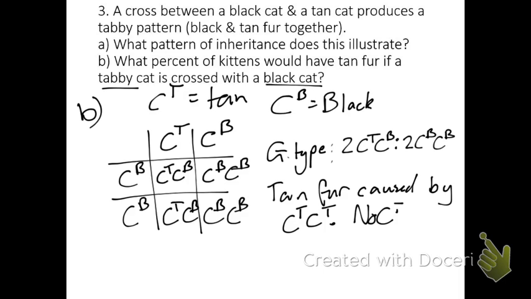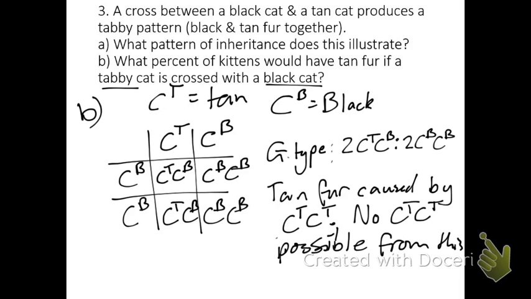Oops, no. CT in a possible, sorry, Stars is dying on me. No homozygous tan is possible from this pairing. Oops, I'm going to move over here now. So I'm over here. Is not possible from this pairing.